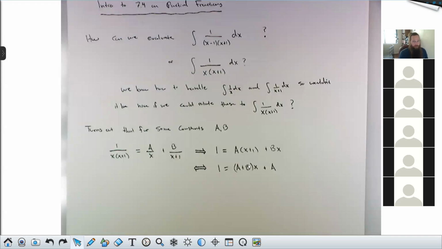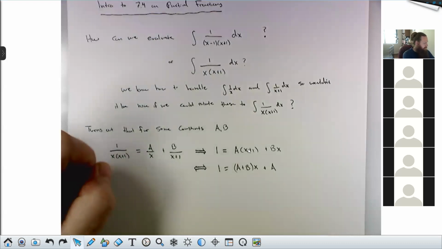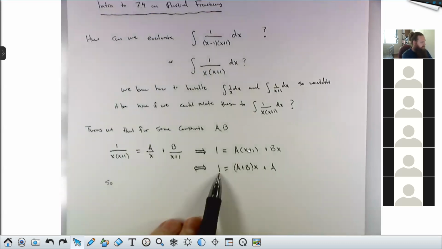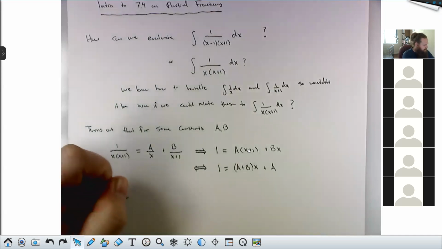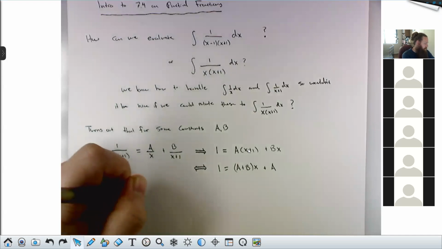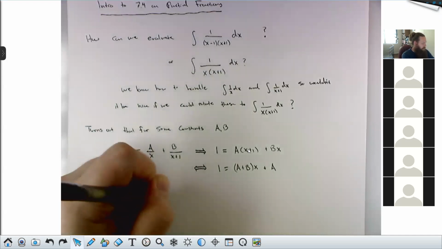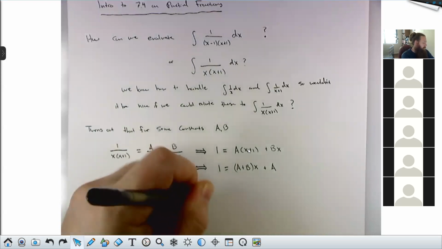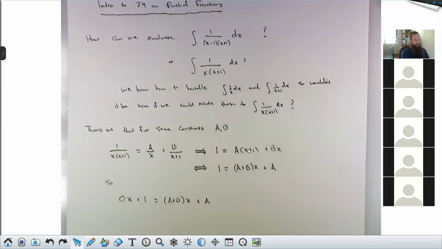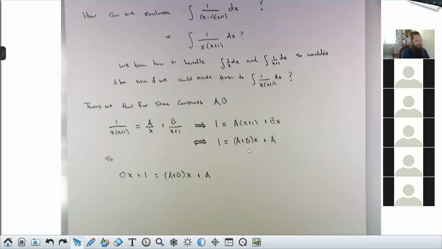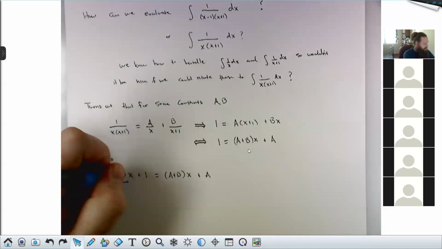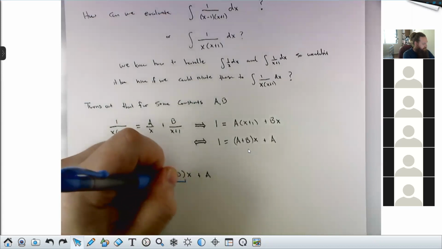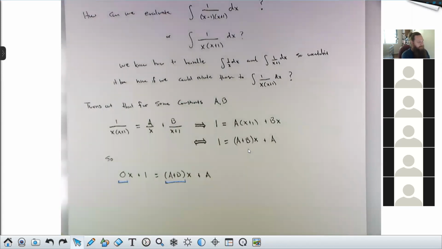From here, what you do is you equate coefficients on both sides. So this left-hand side, which is just 1, I'll write that as 0x plus 1 equals the right-hand side, which is A plus B times x plus A. And then you set the coefficient of x on the left equal to the coefficient of x on the right.